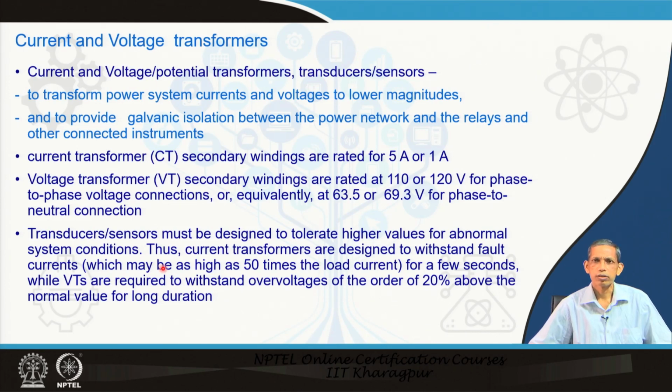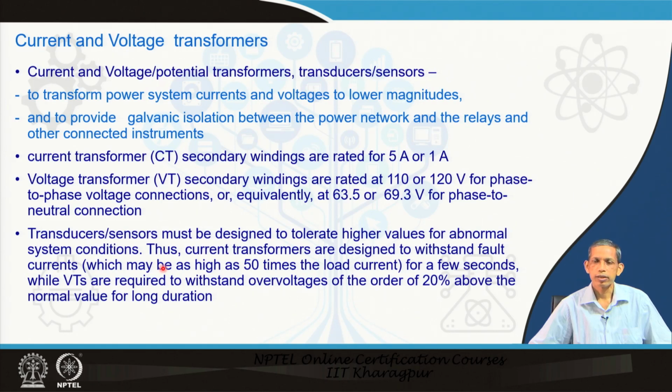These sensors, current transformer and voltage transformer, and subsequently we will also discuss the capacitor coupling voltage transformer or simplex capacitor voltage transformer, are required to scale down the voltage to a lower level. Now, a voltage transformer and a current transformer in general are associated with a magnetic circuit, so that the galvanic isolation is provided.